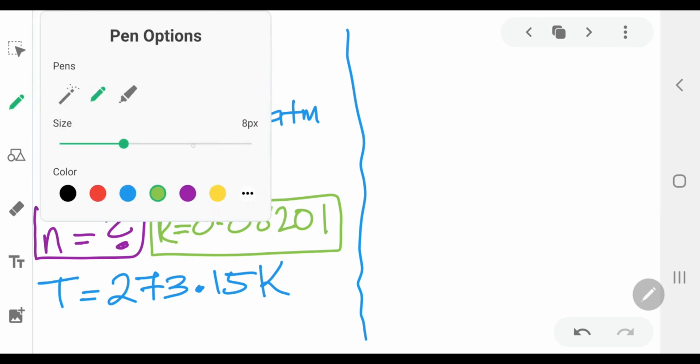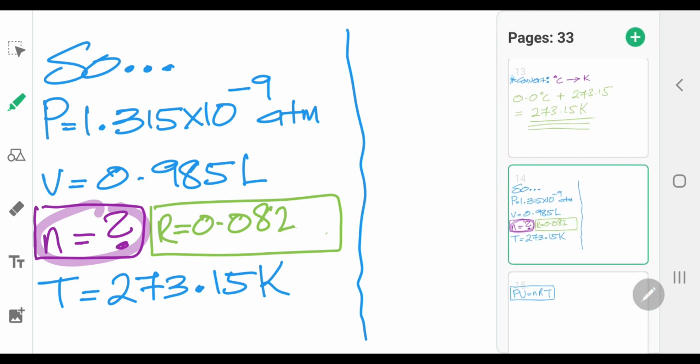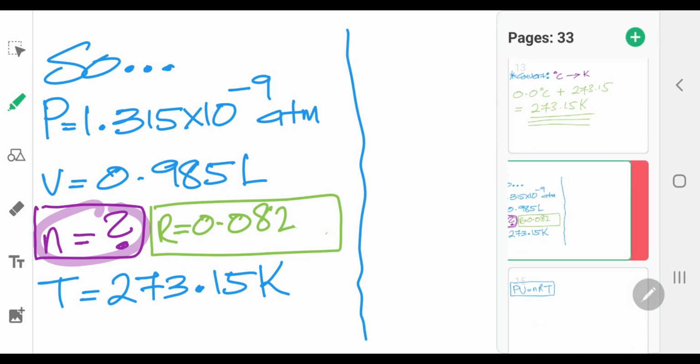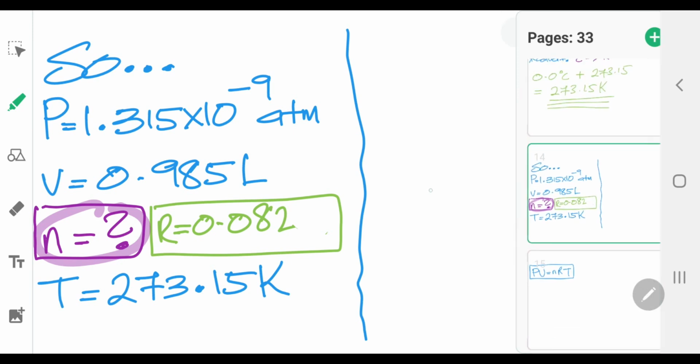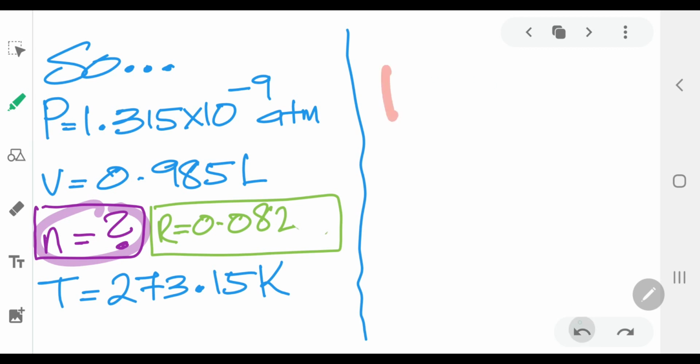Okay, so we have all of the values. We need to find out the value of n over there. To do that, we're going to use PV equals nRT.